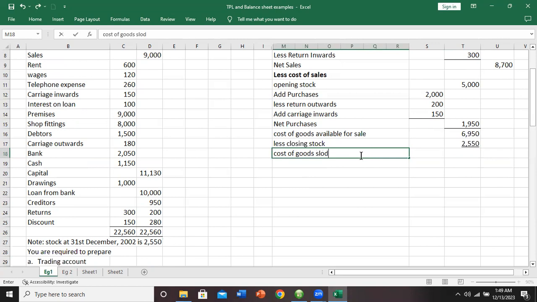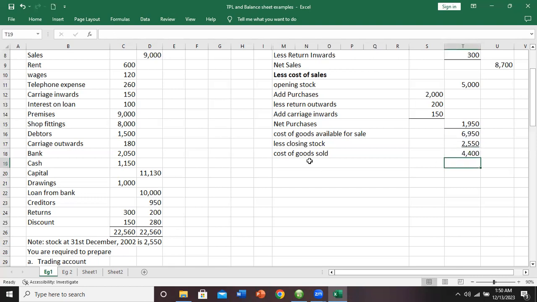Now here again, you have to be careful to check for any direct trading expenses, and that is wages. If the question has no wages or direct trading expense, then the cost of goods sold you get here will come under the third column. So pay attention to that one. In this case, we have wages in the question, wages 120. So we'll put our cost of goods sold here, which is the 6,950 minus 2,550.